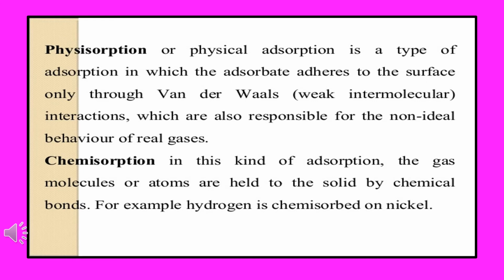And the second one, chemisorption, is another kind of adsorption in which the gas molecules or atoms are held to the solid by strong chemical bonds. For example, hydrogen is chemisorbed on nickel. So these 2 are very important, students, physisorption and chemisorption. Physisorption is a weak adsorption, chemisorption is a strong adsorption.